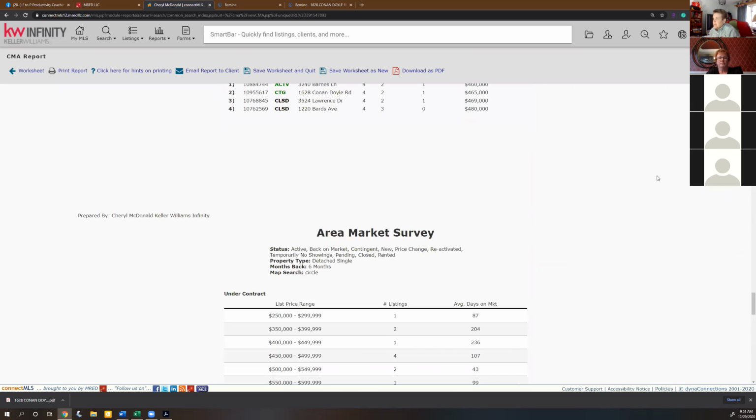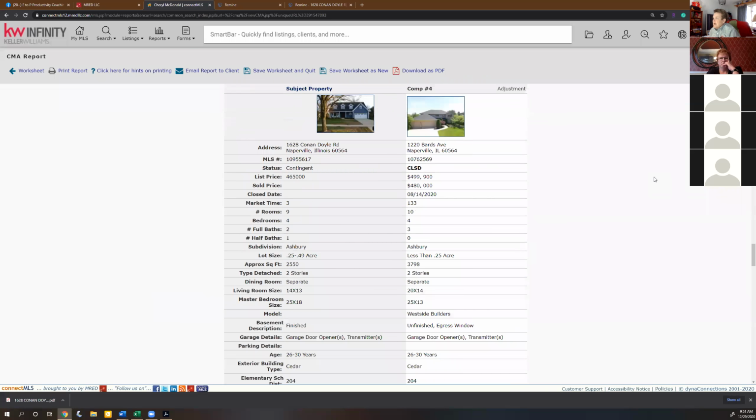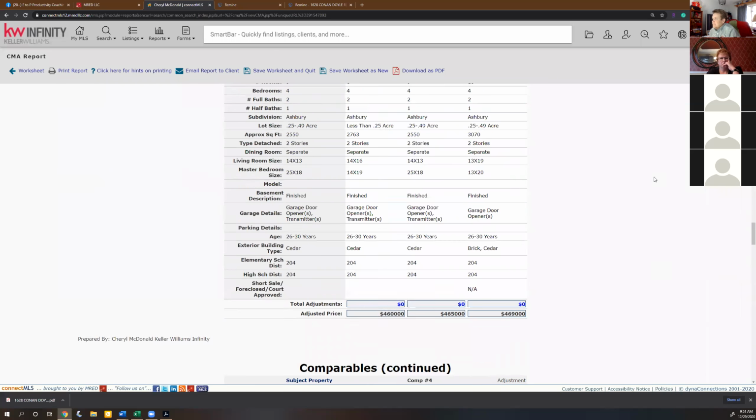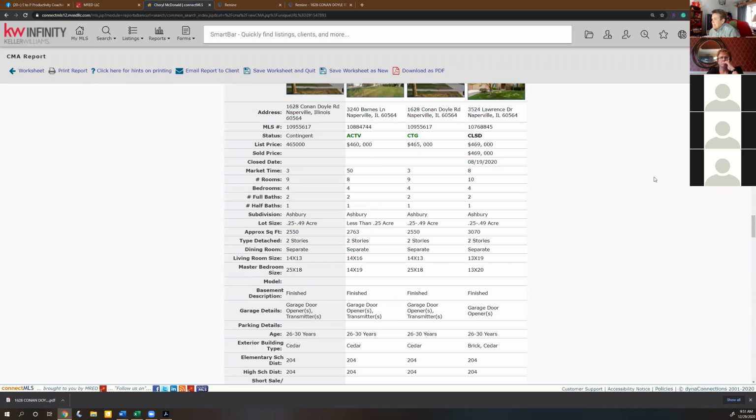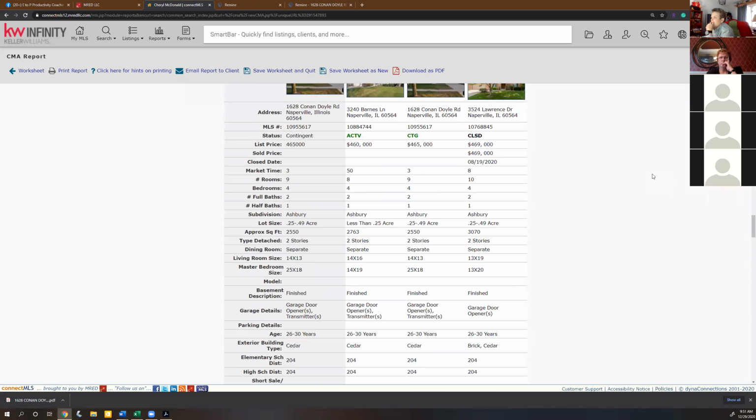So now we're going to go back up to the map. Let me go back up to my side by sides. The one property in Bards, I don't know if it was Bard Street or Bards Road, that one had 3 full baths compared to everyone else has 2 or 2.5.